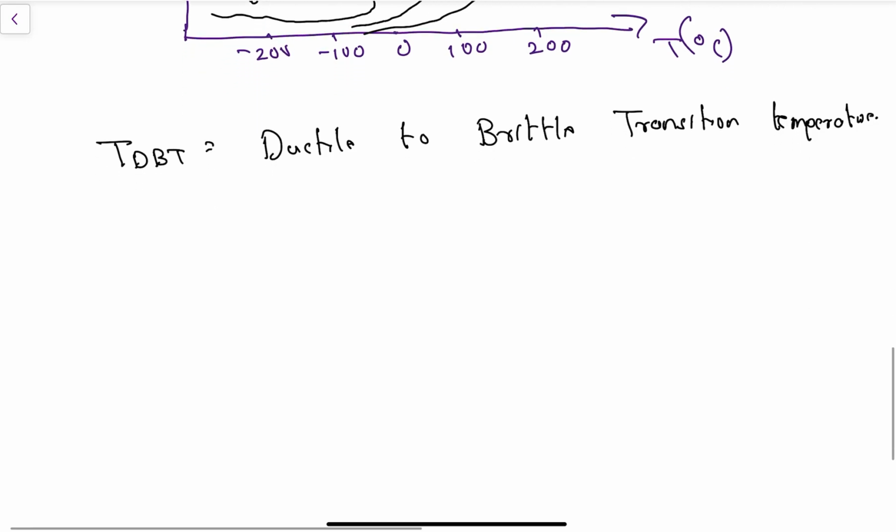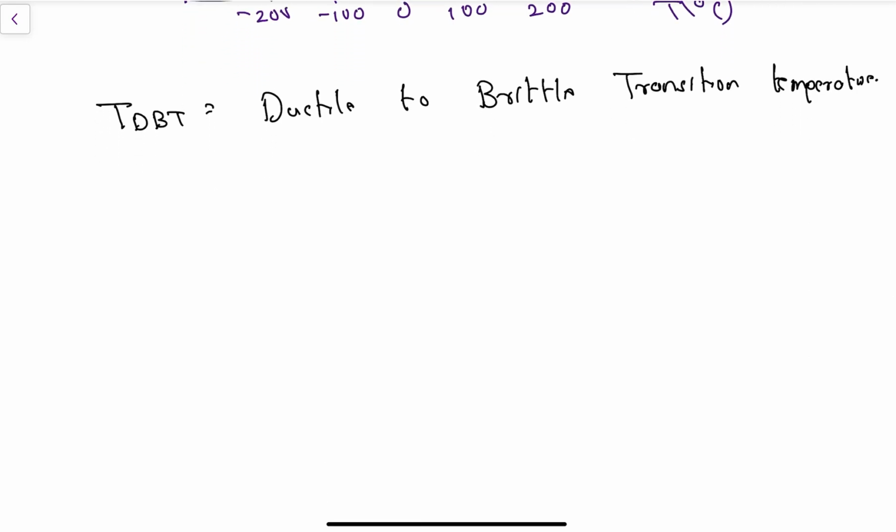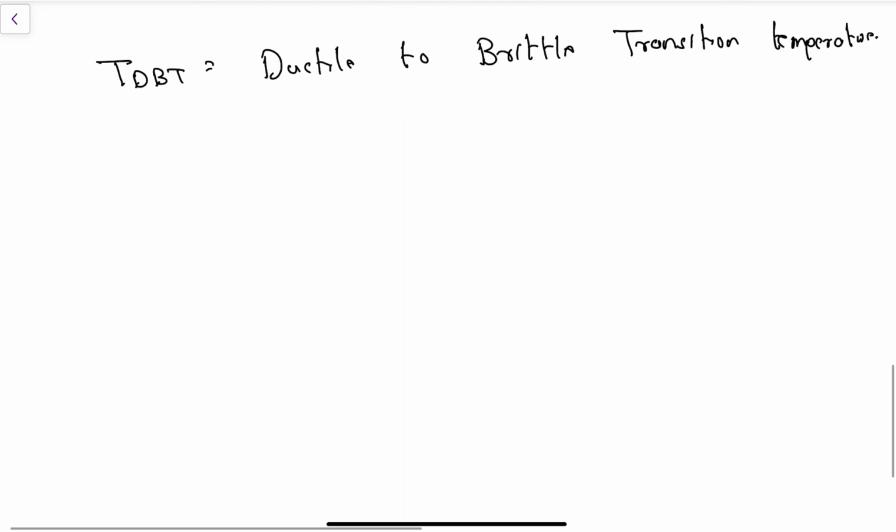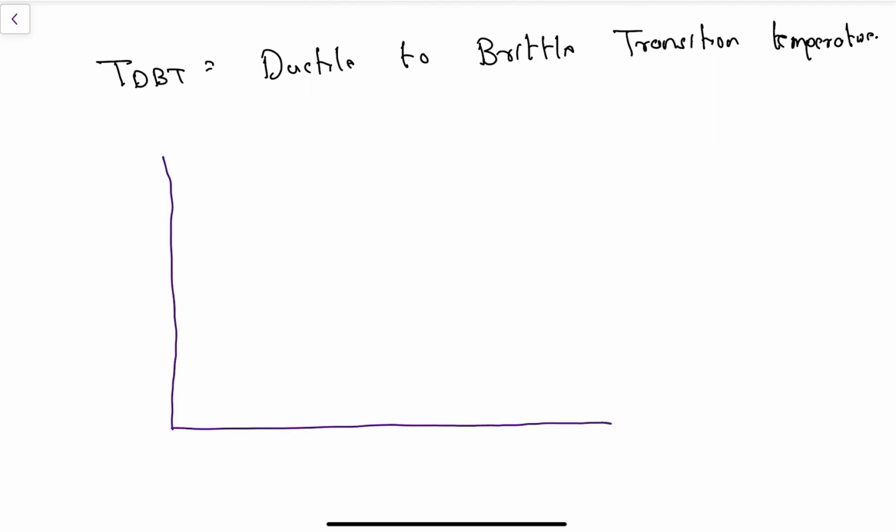Okay. Now let us draw another graph here. On the y-axis you have sigma y, the yield stress, or sigma f, the fracture stress. And on the x-axis you have the temperature.